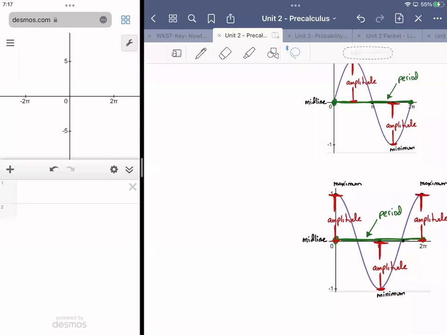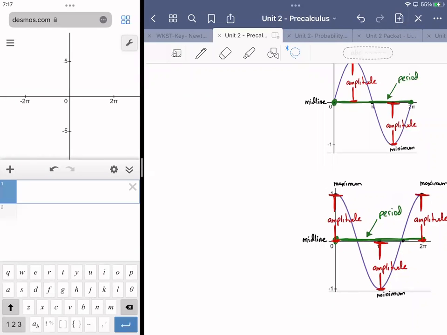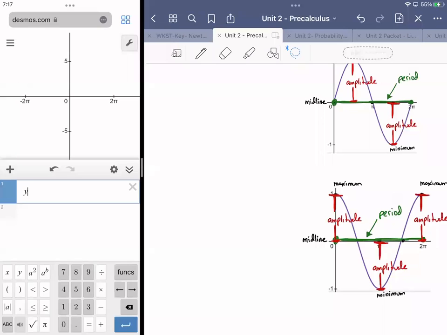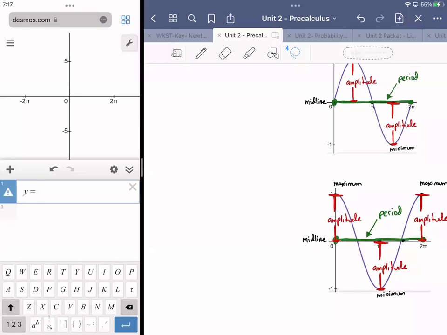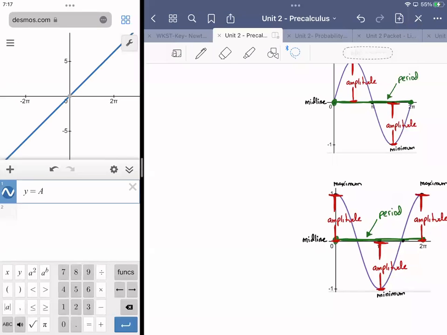And I'm going to put in the standard, well, general form of a sine wave and a cosine wave. All right. We tend to use capitals.